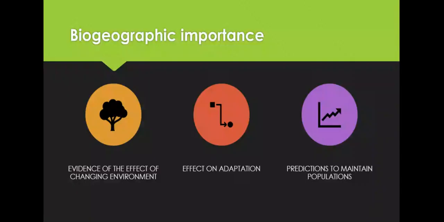So the information on the morphology of these closely related species, the sister species, gives us a lot of evidence on the effect of ever-changing environments and the effect it has on morphology and adaptation of populations.